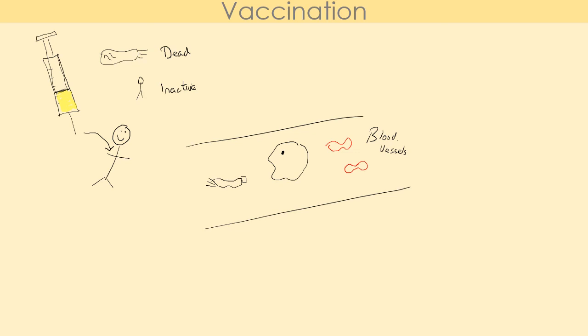So we come in, we recognize the pathogen. We will produce antibodies. These are our antibodies. Once the pathogen has gone, these antibodies will disappear.